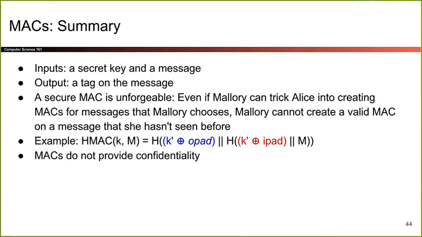And if the MAC is secure, it's not forgeable. So even if we allow Mallory to trick Alice into creating messages, she can't create valid MACs herself. So even if we give her that chosen plaintext attack style attack where she tricks Alice, Mallory still can't create valid MACs, and that's called existential unforgeability, EUF-CPA.